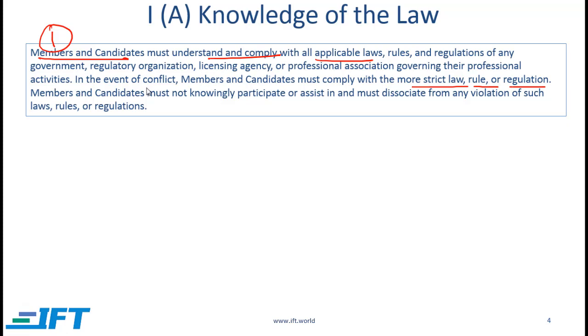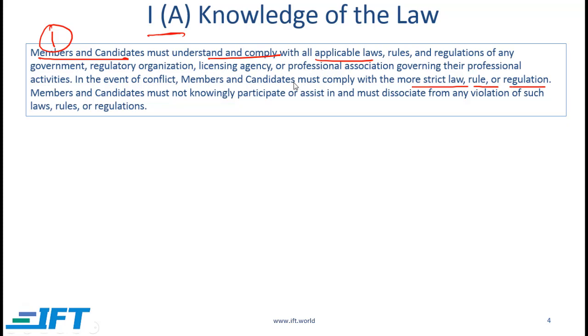Now, if you are not aware of these laws that have been passed, then you are in violation of Standard 1A. So this is point number one, that you need to know the law. If you say that you do not know the law or you are not aware, that is not a valid excuse.